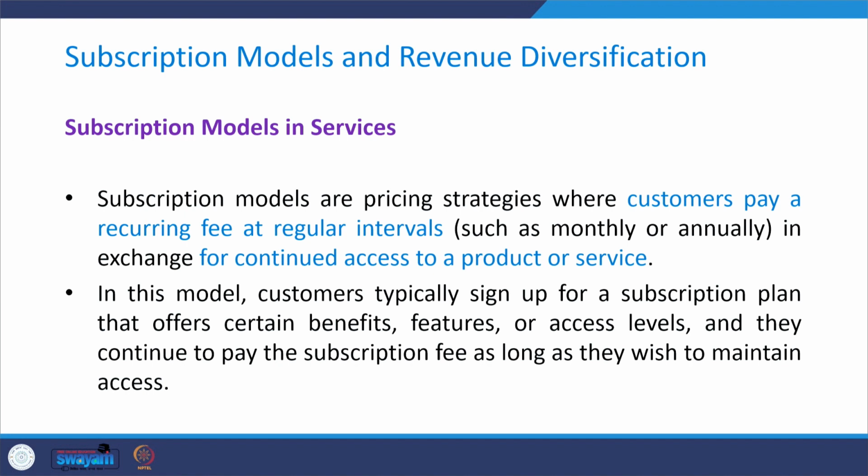Subscription models are prevalent in various industries, including software as a service or SaaS, streaming media, subscription boxes, magazines, and telecommunications. They offer benefits such as predictable revenue streams for businesses, enhanced customer retention, and the opportunity to build long-term relationships with customers.